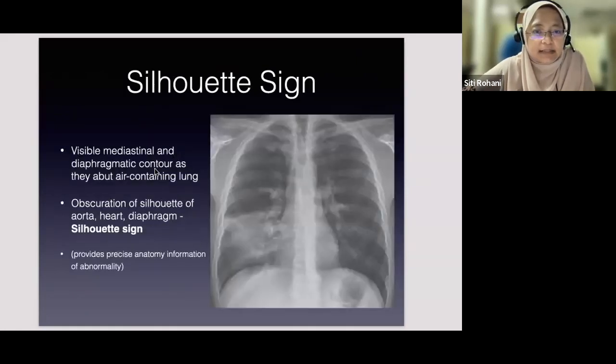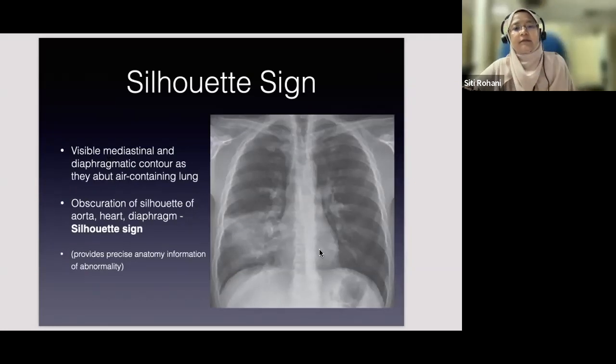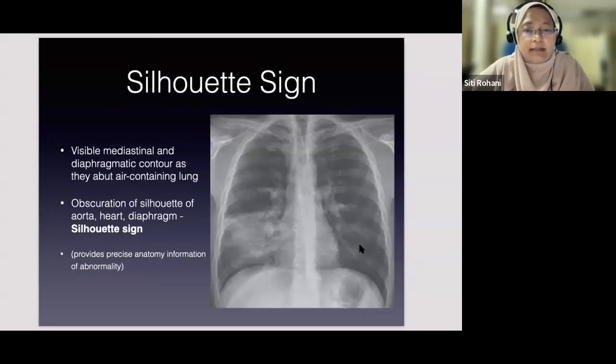Next is the silhouette sign. The visible mediastinal and diaphragmatic contour of the mediastinal structure is defined by the interface between the air in the lungs and the structure itself. For example, on this left side, we can see a very nice line of the left heart border. That's a silhouette.